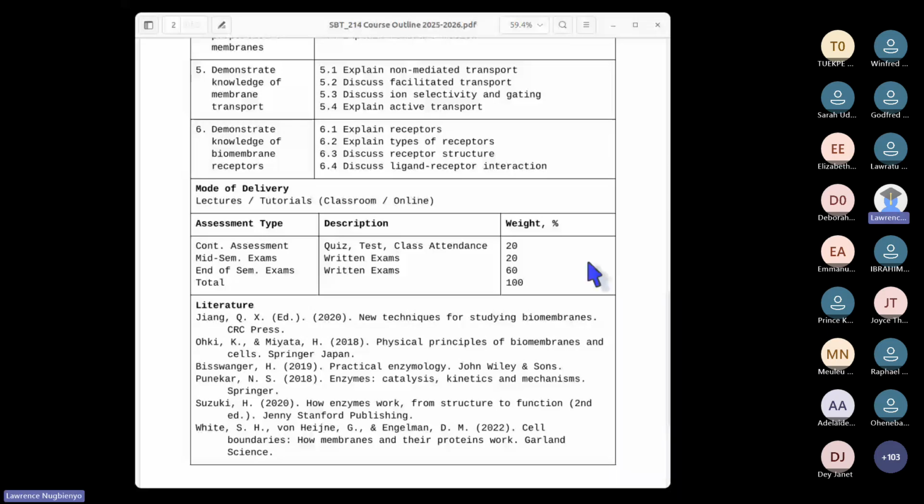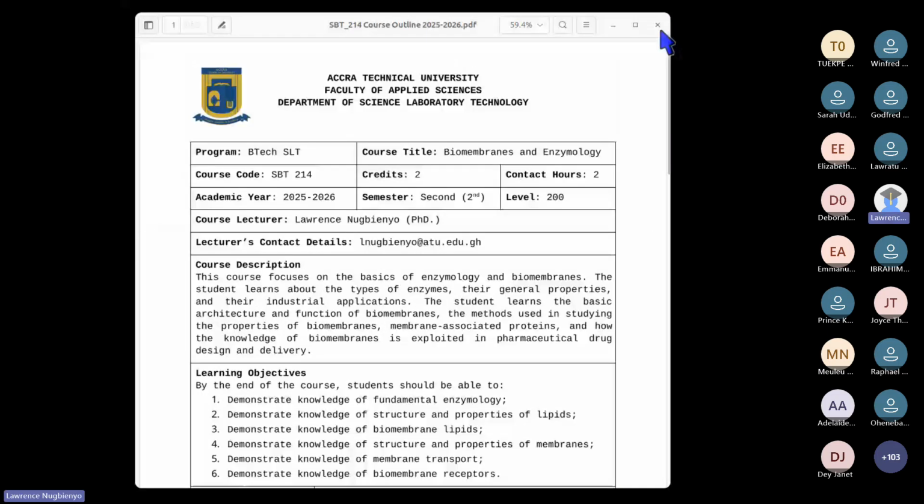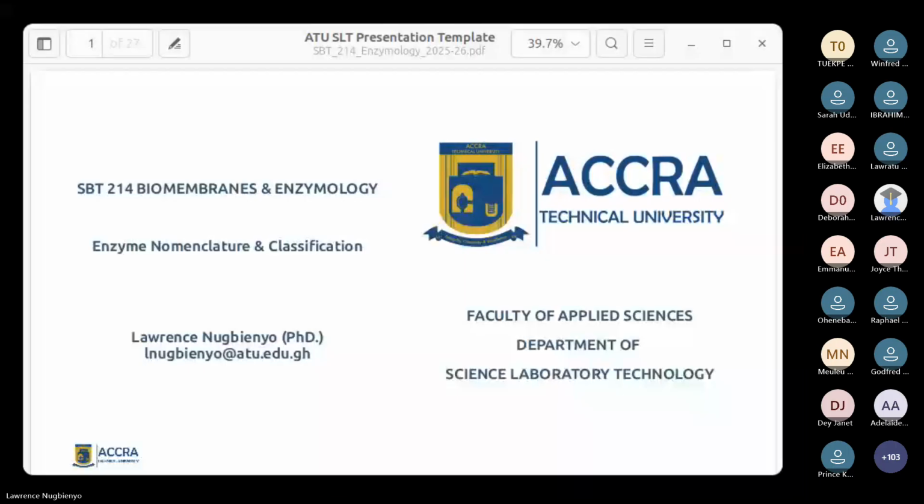All right, so I think we are done with this introduction of the course to you, so we can dive into our main lecture for today, which is going to be on the naming and classification of enzymes. That's what we'll start with, the first topic. So we can move on to that one now.